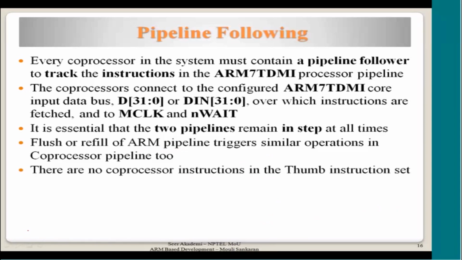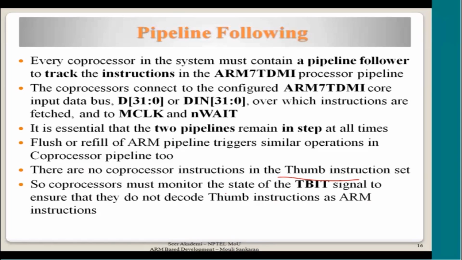terms of pipeline. There are no coprocessor instructions in the thumb instruction set. I told you this. So the coprocessor must monitor the state of the T bit, because the T bit will be low when it is in thumb state. That means during thumb state, the coprocessor will just ignore what is happening on the bus. It will only monitor the T bit and then it can just sleep.